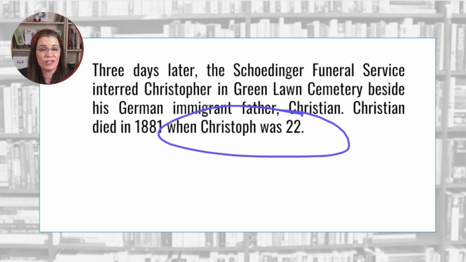When Christopher was 22, this is another example of do the math. I calculated Christopher's age from the death date of his father on his father's death records and Christopher's age from previous records that provided information about his birth.